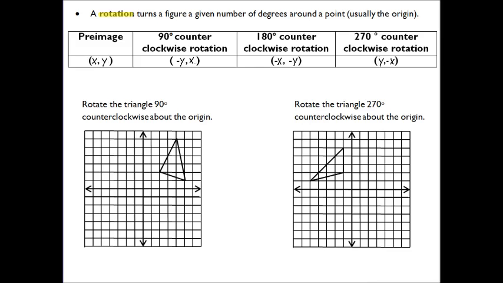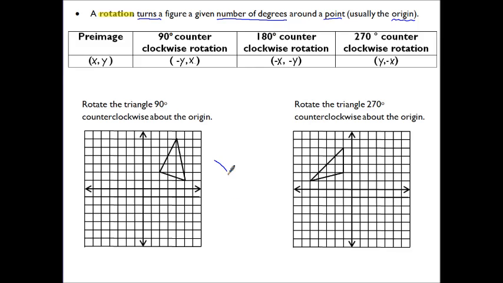A rotation turns a figure a given number of degrees around a point. That is usually the origin, but it could be any point. So what I want you to know is that the pre-image, every single time that we turn it 90 degrees, we move from one quadrant in the coordinate plane to another.